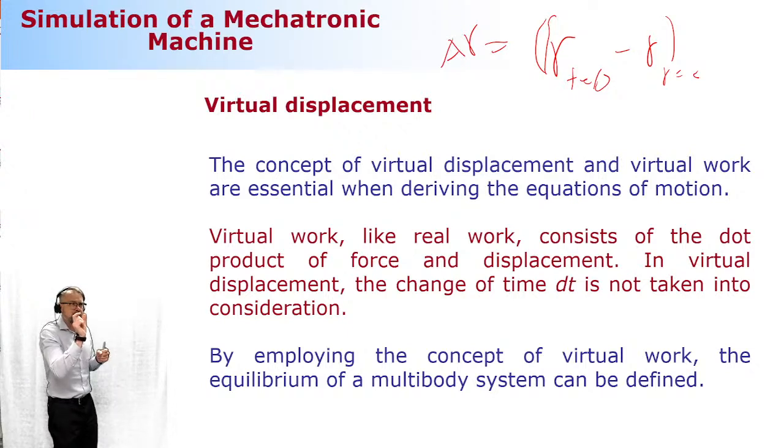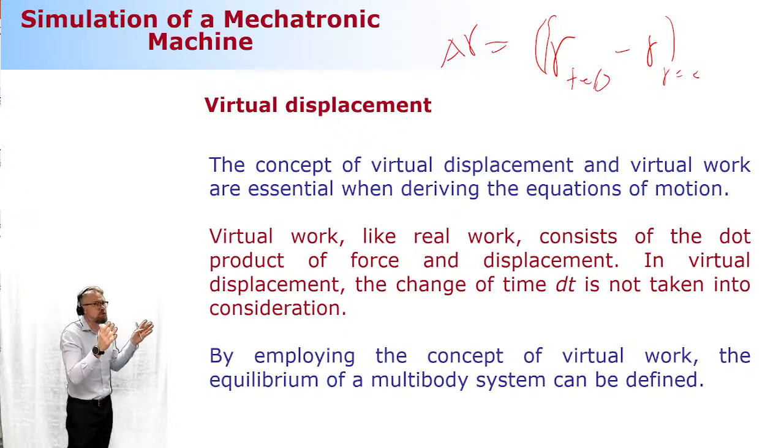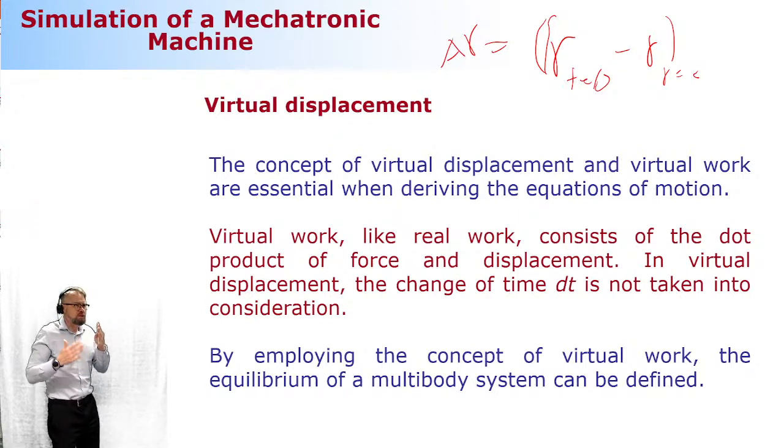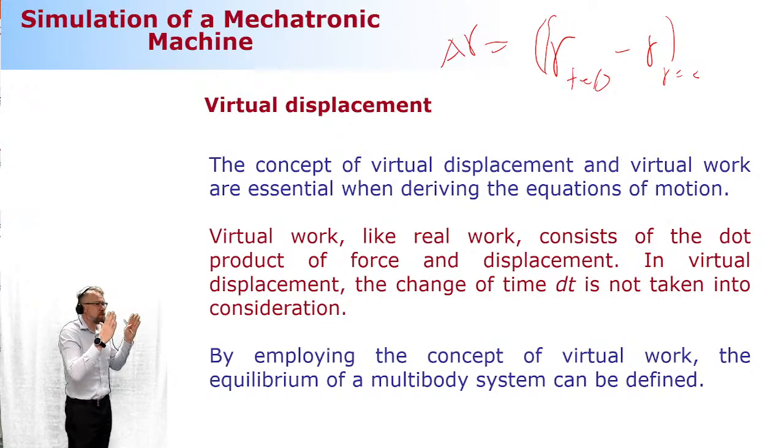Virtual displacement, we are assuming that the time is frozen, which of course is not possible. But that's going to give you something that is mathematically very valuable for us. It's going to create a mapping between the different coordinate systems, and that's exactly what I'm after here.